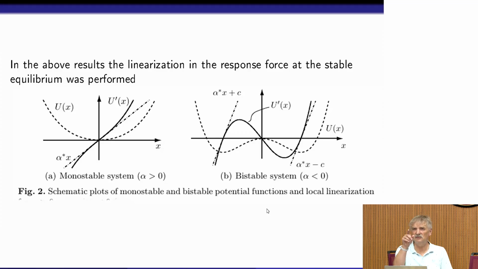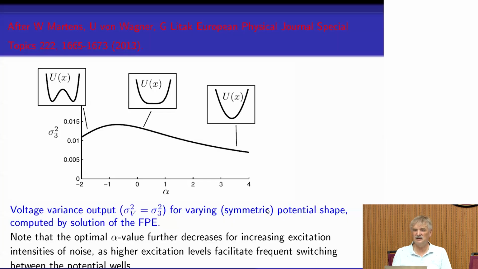So at the top of the figure we have written alpha star x plus c. This is the approximation of the restoring force in the vicinity of the equilibrium point, and we have used such linearization to get this diagram for the variance of voltage.